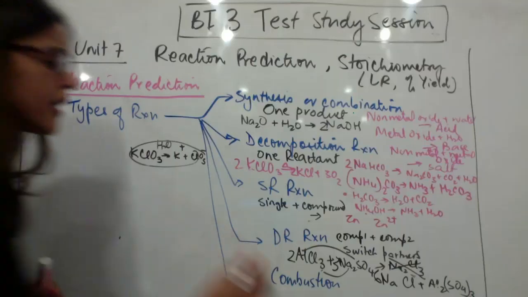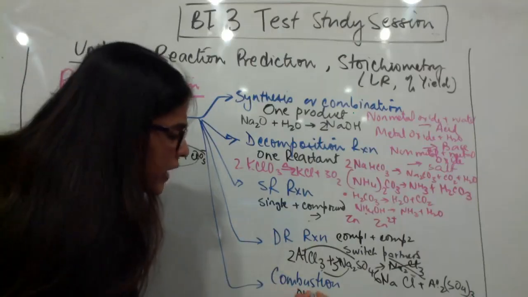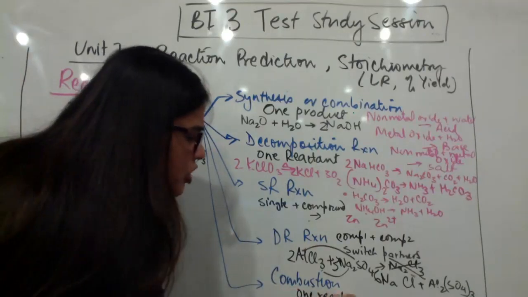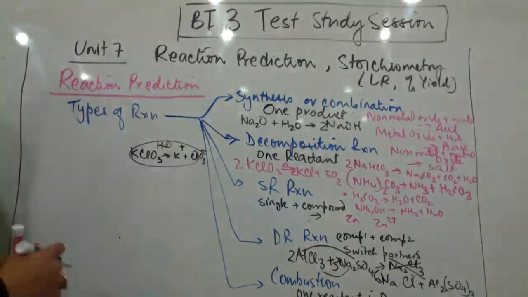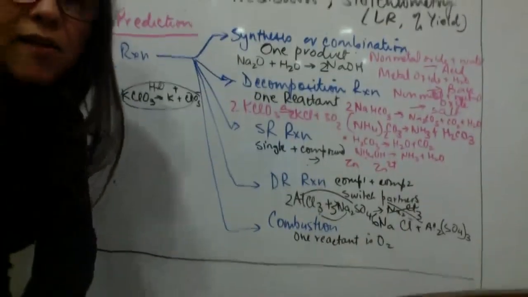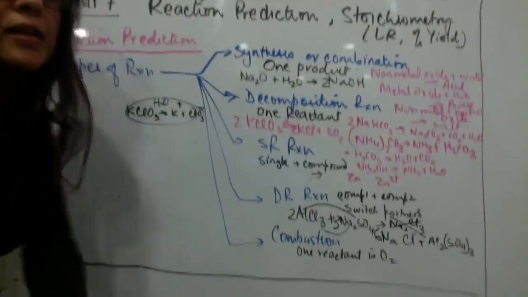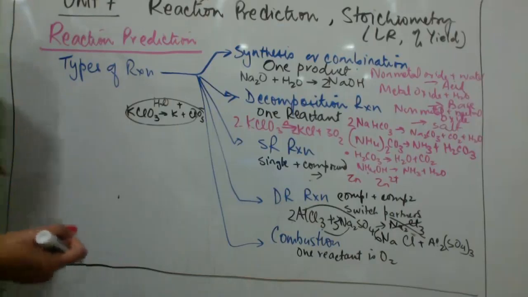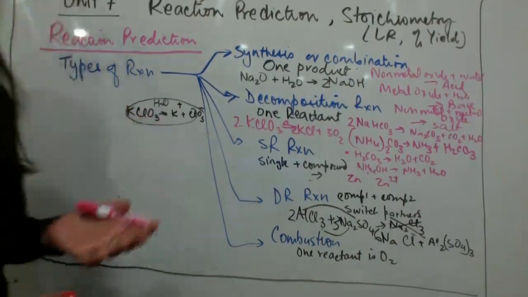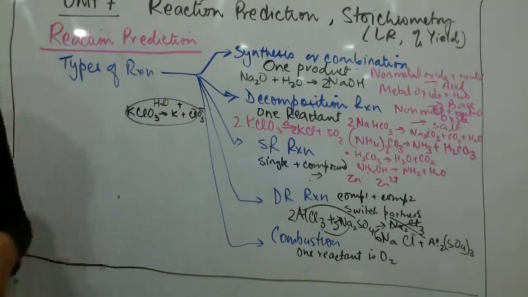And combustion is when one reactant is oxygen. When you combust something, you make an oxide of that if it is an atom, so it could be a metal or non-metal. If you burn nitrogen in oxygen, you'll make an oxide of nitrogen.